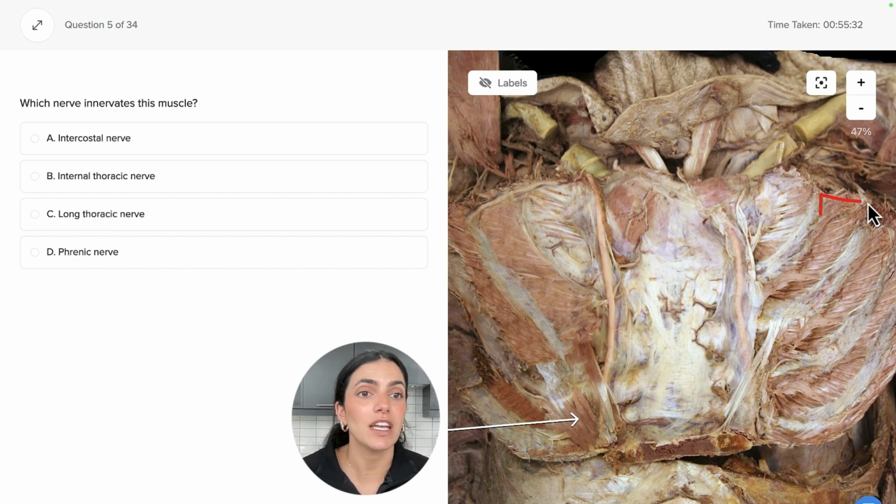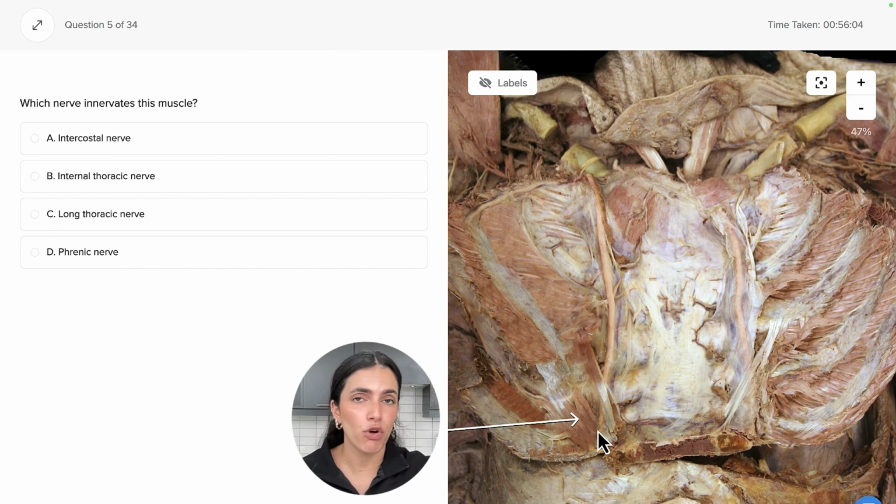So these are going to be the intercostal spaces where that anterior intercostal artery is going to travel. And like I said, it was going to go supply some muscles that are found there. And one of these muscles include the internal intercostal muscle, which we can see in between the ribs within all of these sections here. So we can see them there and we could also see them here.